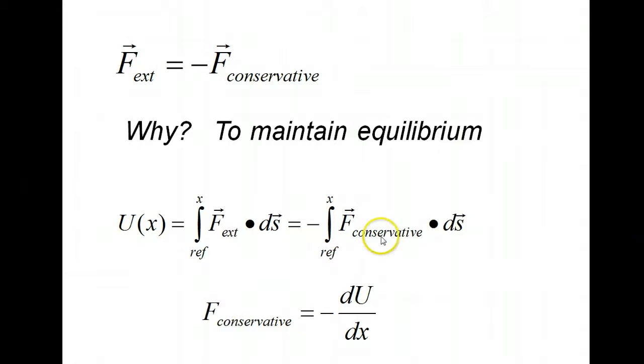In doing so and solving for the conservative force, I can write that the conservative force is equal to negative the derivative of the potential energy function with respect to x. This is an important relationship. What it says is that if you have a graph of potential energy as a function of x, the force is negative the slope of the potential energy graph. Keep that in mind, very important.